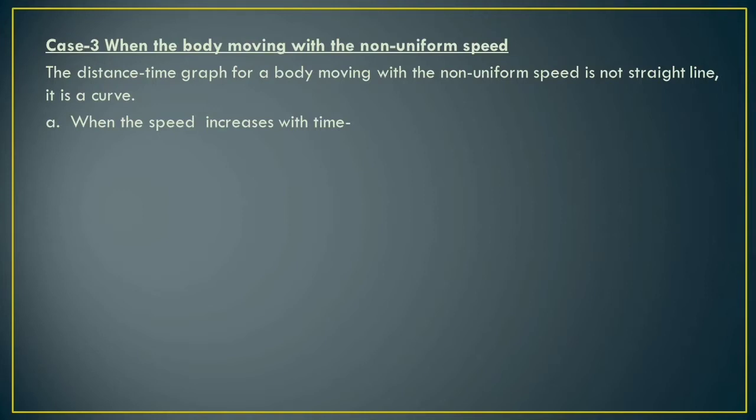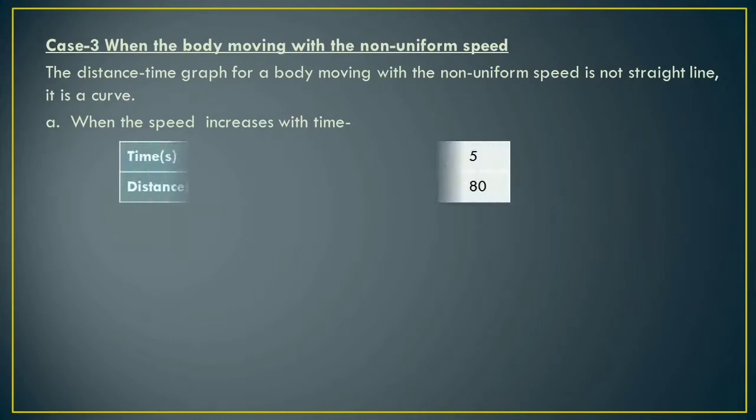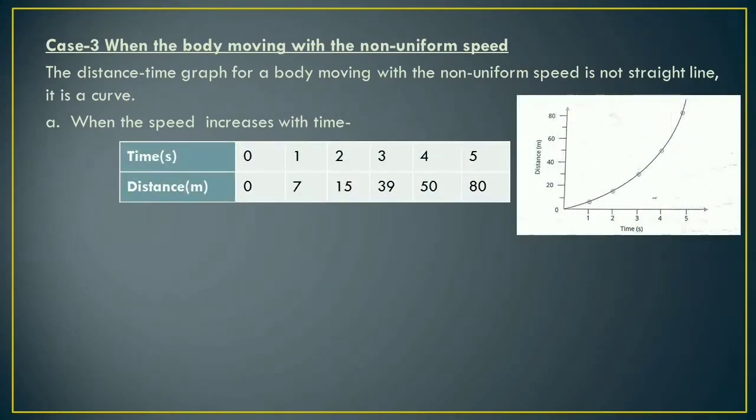The shape of the graph depends upon the way the speed is changing with time. So in this case, two possibilities can occur: the speed increases with time, or the speed decreases with time. We will see both possibilities.